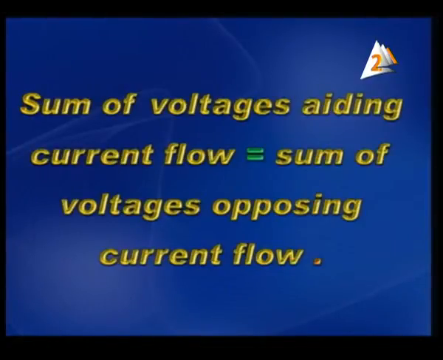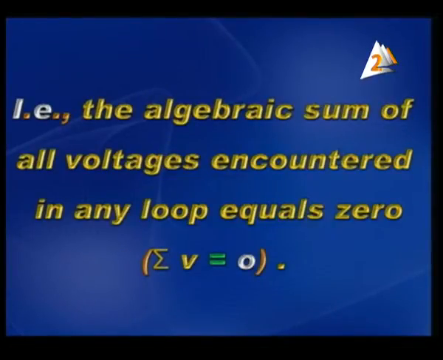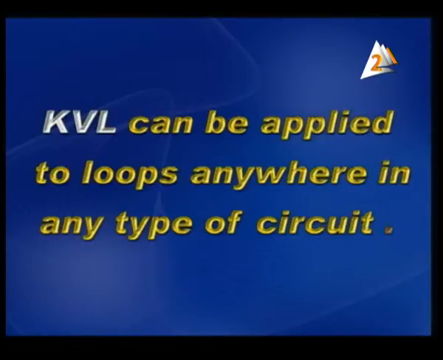Sum of voltages aiding current flow equals sum of voltages opposing current flow. This is another way to express this law. That's to say the algebraic sum of all voltages encountered in any loop equals 0. Kirchhoff voltage law can be applied to loops anywhere in any type of circuit.